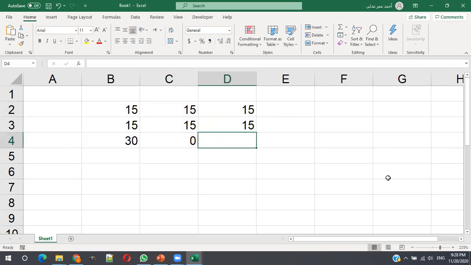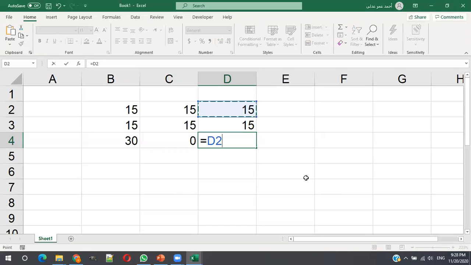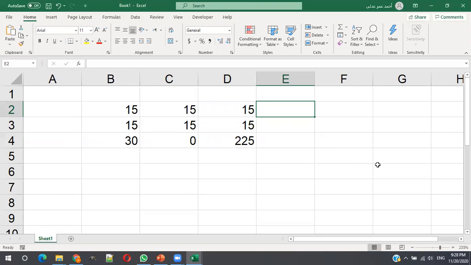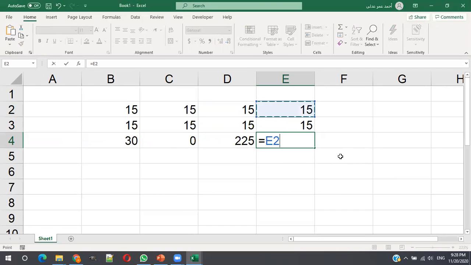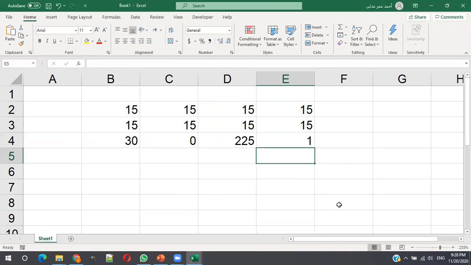For 15 and 15 multiply, I have to write equal first, and the first one multiply second cell. Press enter. For 15 and 15 divide, you have to write the equal sign first, then first cell divided by second cell. Press enter. You will see the result.